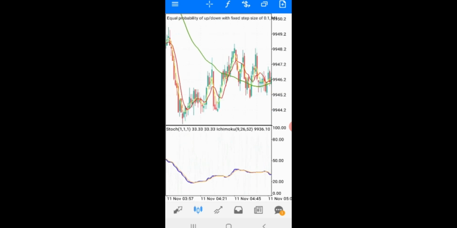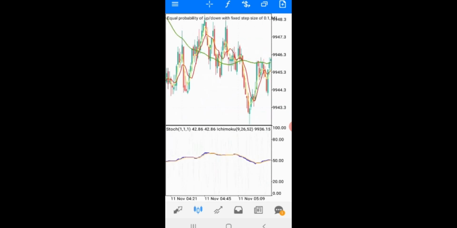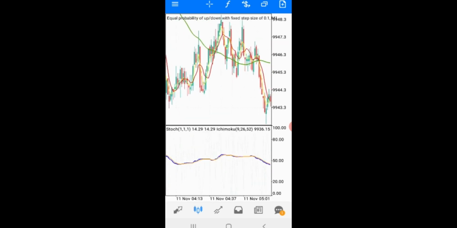So let's talk about this one. You see this market? The green moving average crossed below this red moving average, which is supposed to indicate a sell. This is confirmation 1, which is supposed to make it a sell, right? But confirmation 2 wasn't met.